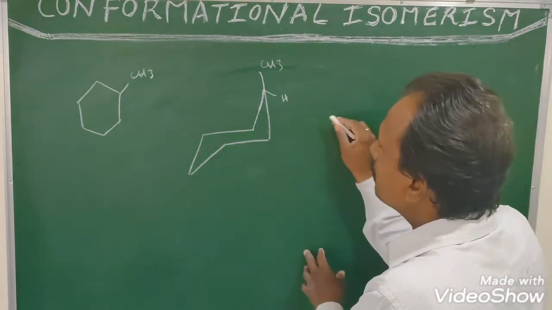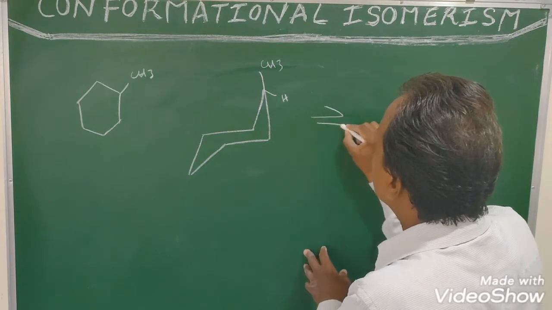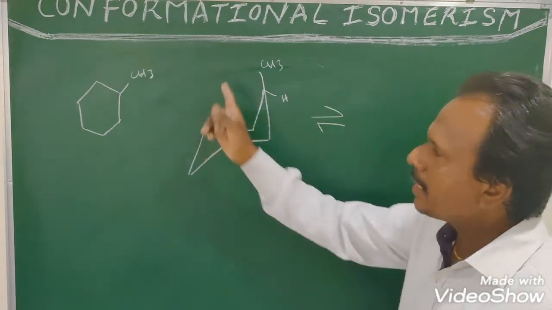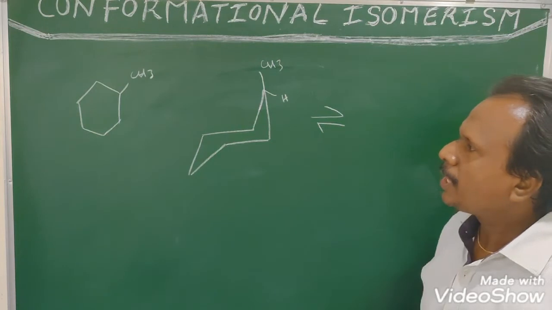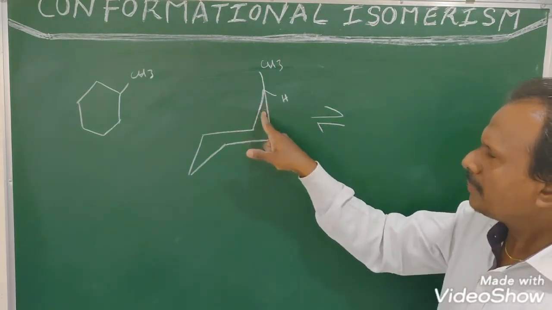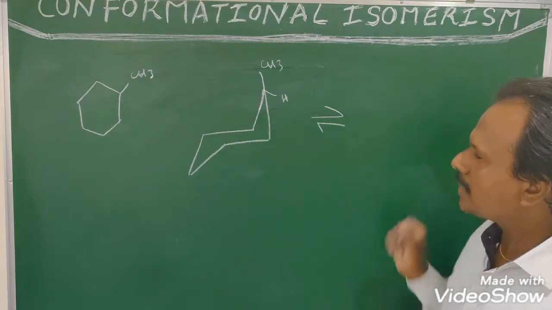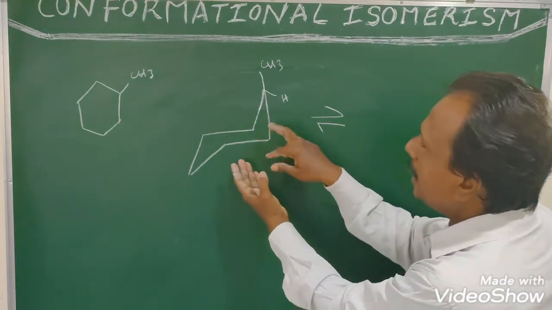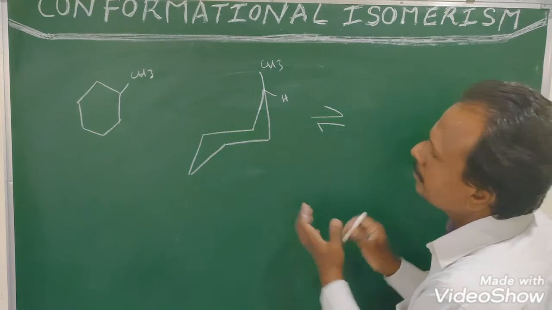Another chair is this. Cyclohexane and its derivatives predominantly exist in two chair conformations. One chair is always in equilibrium with the other chair. It is converted to the other chair through flipping.